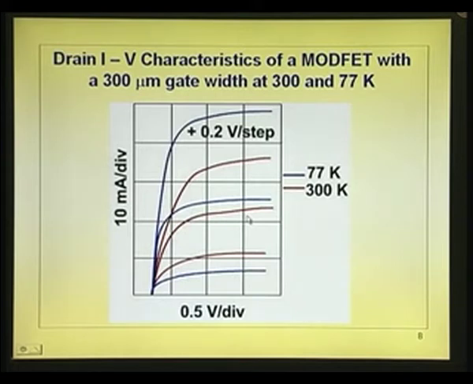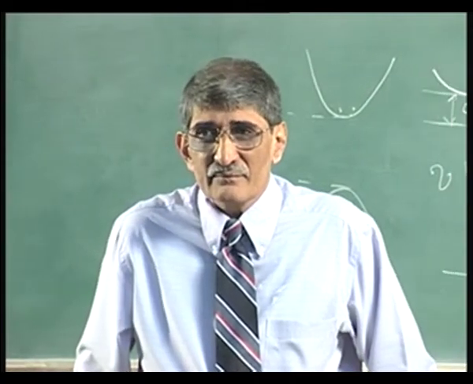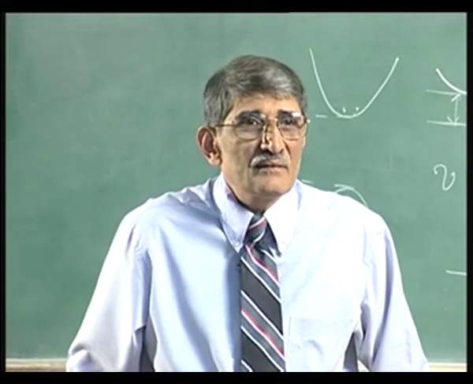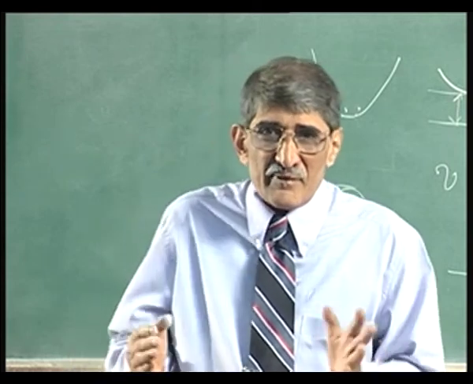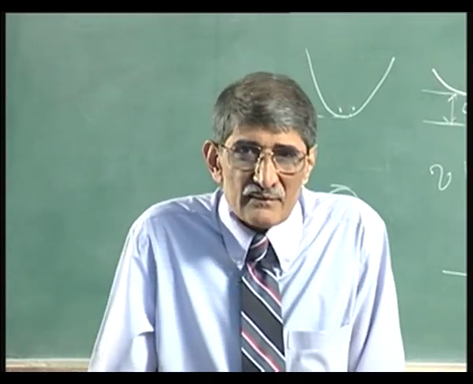So, what we are saying is that the change in current at 77 degrees Kelvin is more than the change in current for the same change in voltage at 300 Kelvin. What is the reason? The reason is what we have been telling all along: mobility is higher at lower temperature.